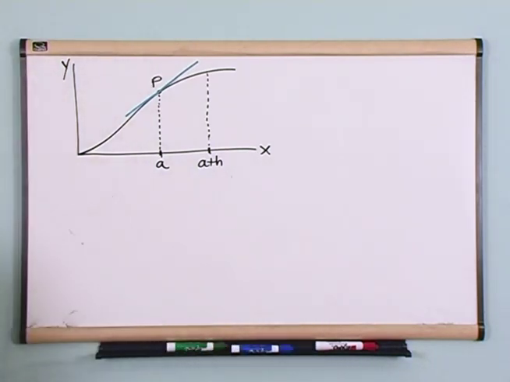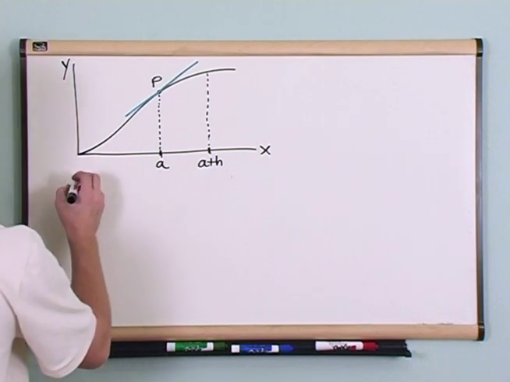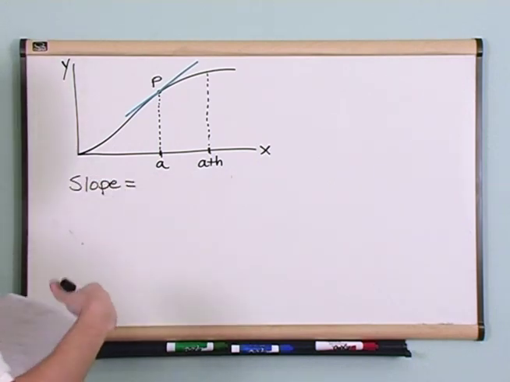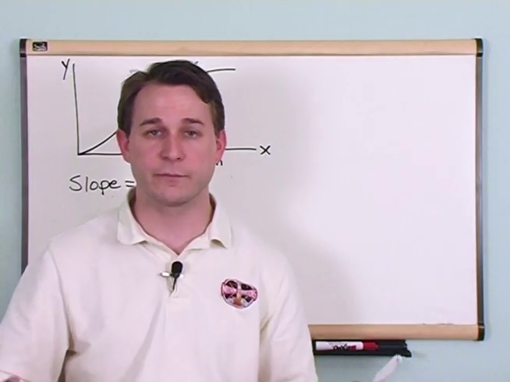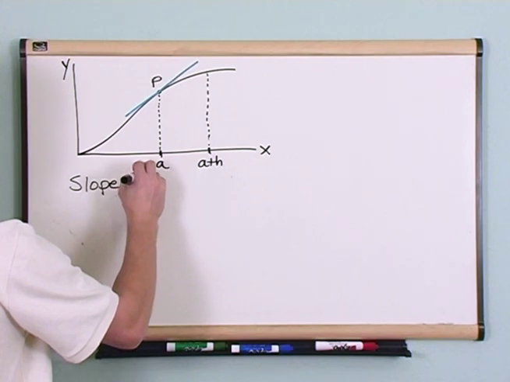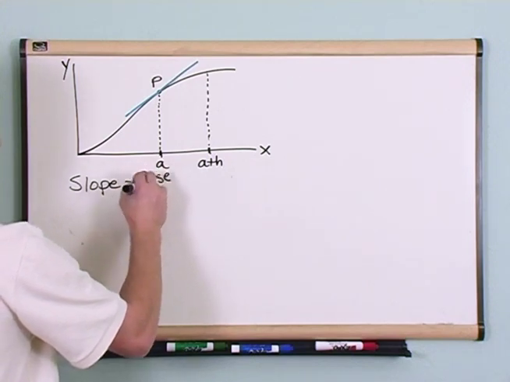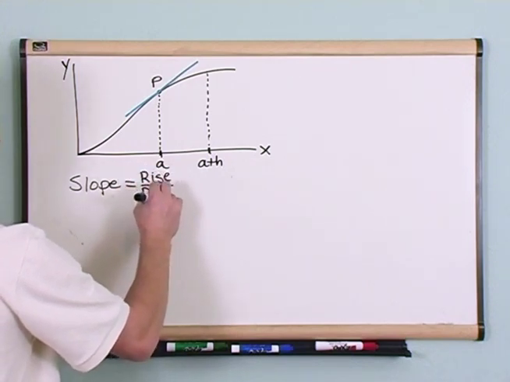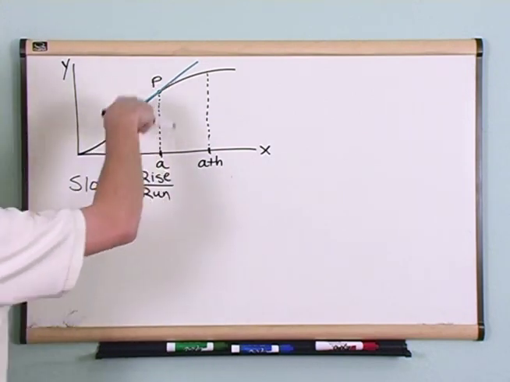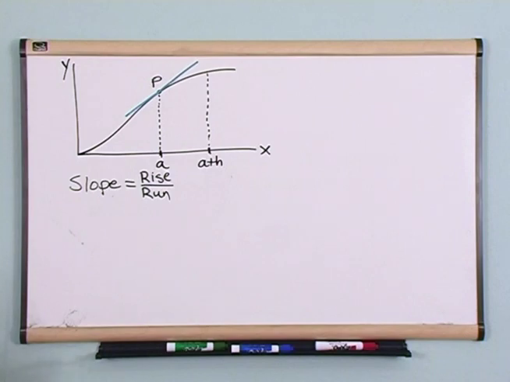So let me ask you, what is the general formula for the slope of a line? Don't think calculus here, think algebra. What did you define as the slope of the line? Well, you'll probably remember it was the rise over the run. In other words, you calculate how far up you go and how far over you go, and you divide those numbers and you get what you call the slope.